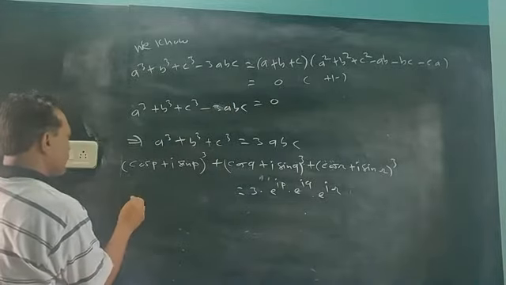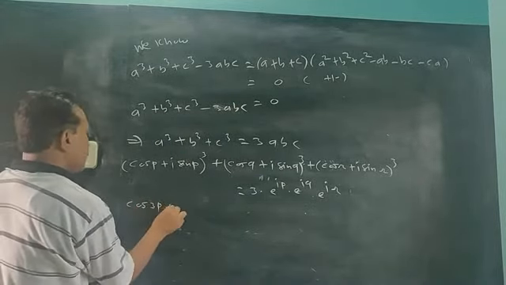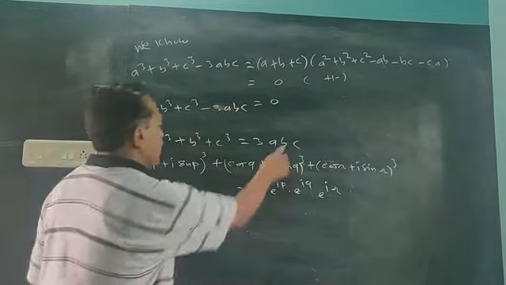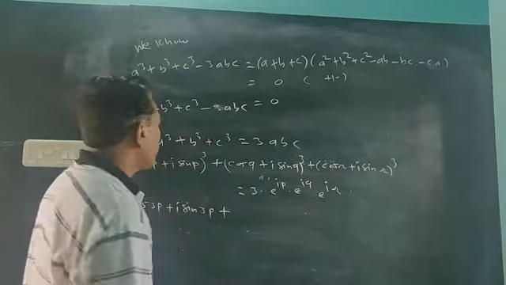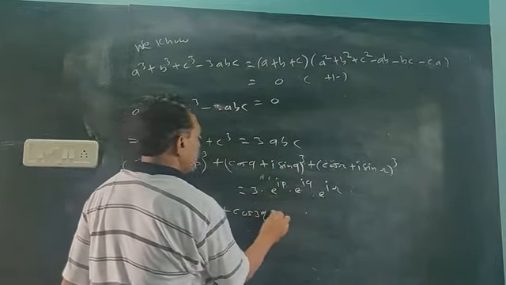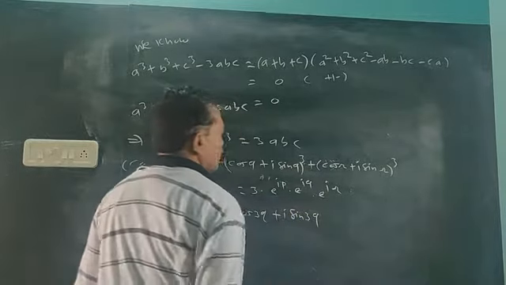By De Moivre's theorem, this is cos of 3p plus i sin 3p. Also here, by De Moivre's theorem, cos of 3q plus i sin 3q.